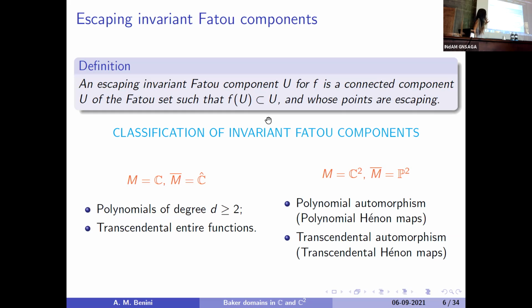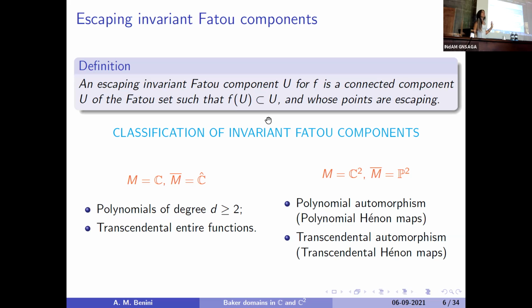So before talking in more detail about the escaping Fatou component, let us go over what is known for general invariant Fatou components, so that we understand what we are supposed to expect in the escaping case.